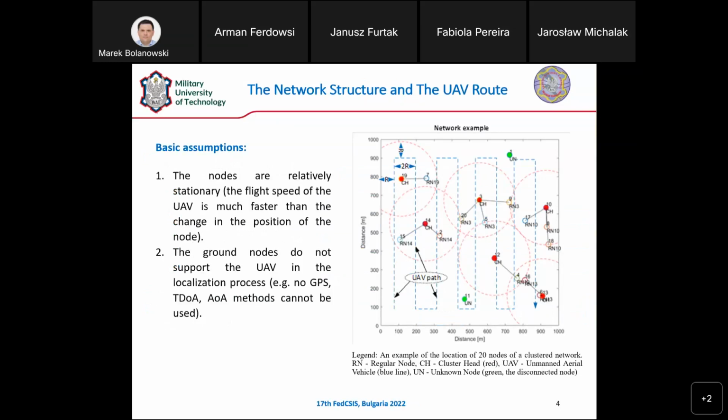First of all, let's look on the right at the system structure. It is, for example, constructed with 20 nodes. The system network is clustered. In the center of each cluster, you have a cluster head, and in its range, there are regular nodes.